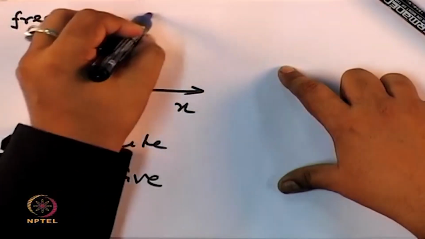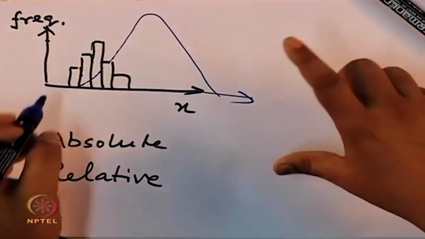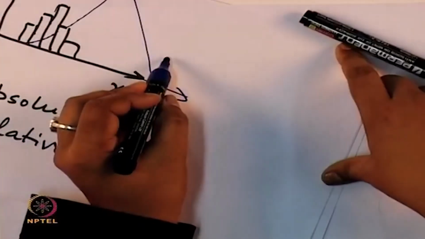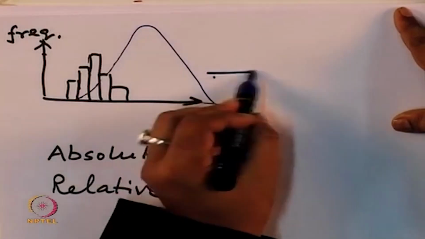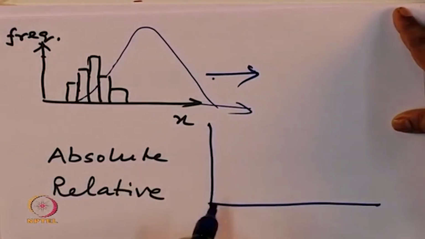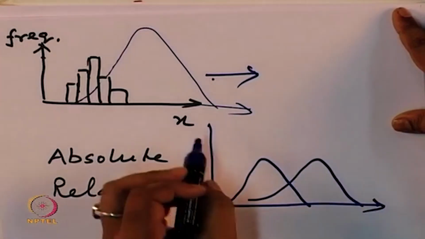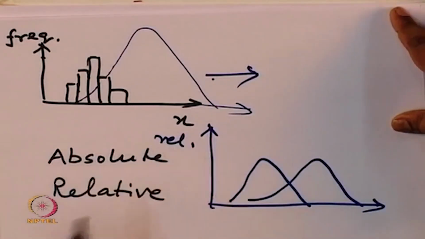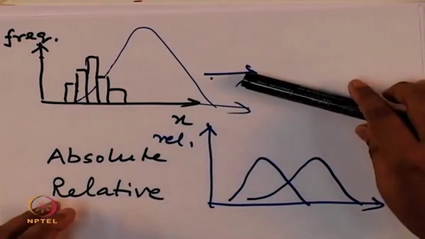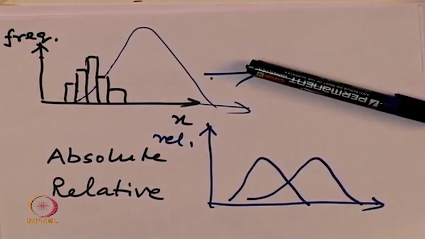If I were to overlay a different plot on this existing plot, it might look like this, but in reality, if you normalize this data, your data might actually look like this. So, this is relative frequency, where you divide with respect to the total number of observations.